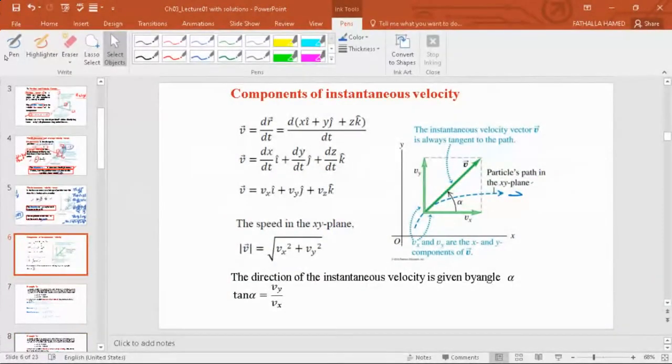So again, to represent the instantaneous velocity vector, dr by dt is d of (x i hat plus y j hat plus z k hat) by dt, which gives you dx by dt i hat, dy by dt j hat, dz by dt k hat, which gives you vx i hat plus vy j hat plus vz k hat.